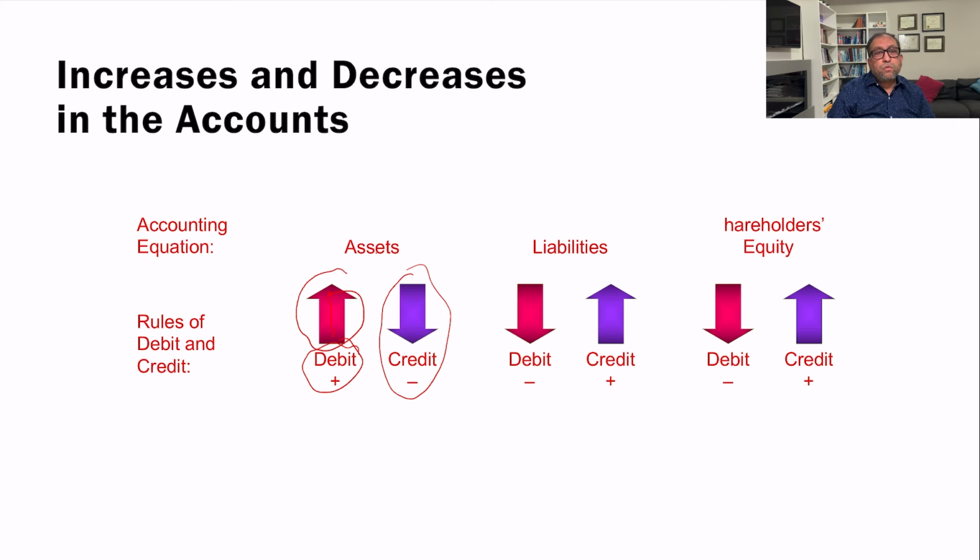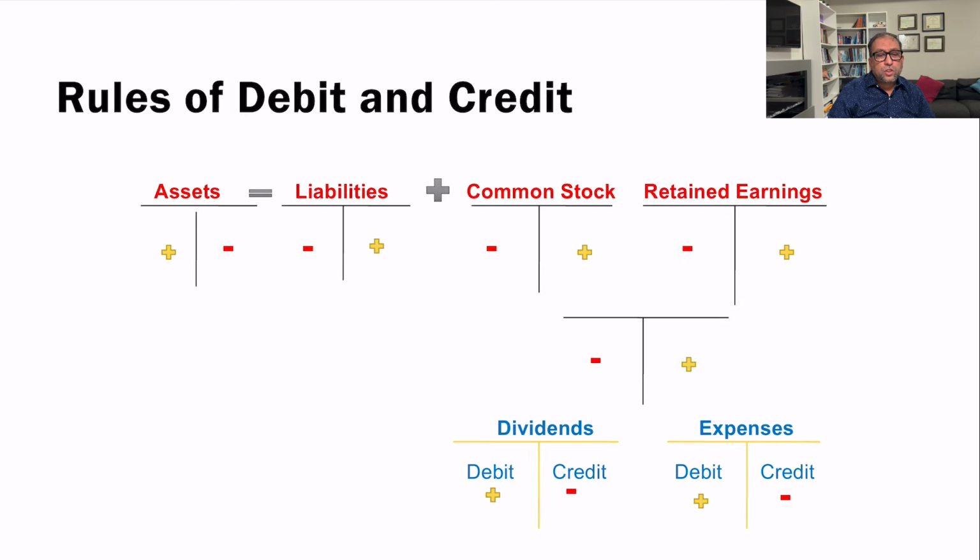The third thing, which is very similar to the liability because it's on the other side, is shareholders equity. If shareholders equity is increasing, we credit. If it is decreasing, we debit. So this is a general rule, and you have to follow it whatever entry you pass in your transaction.